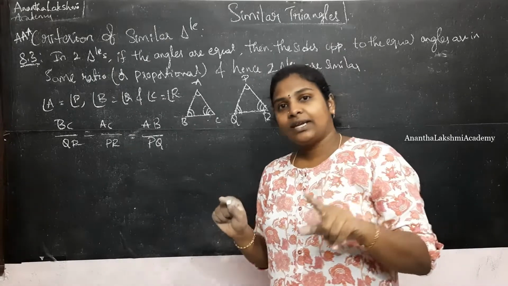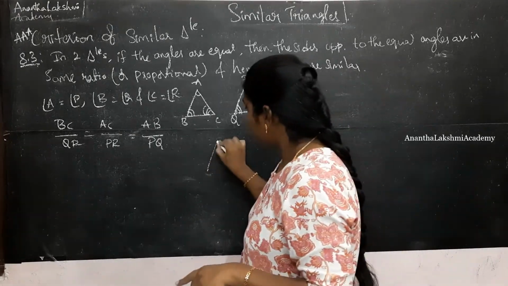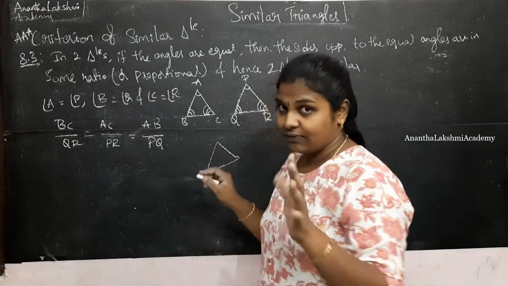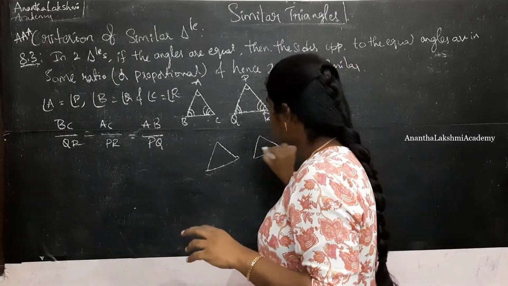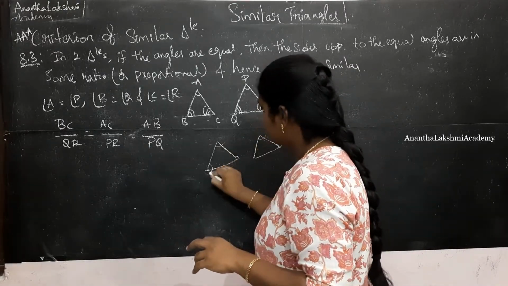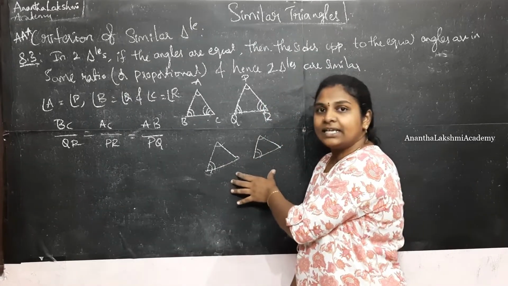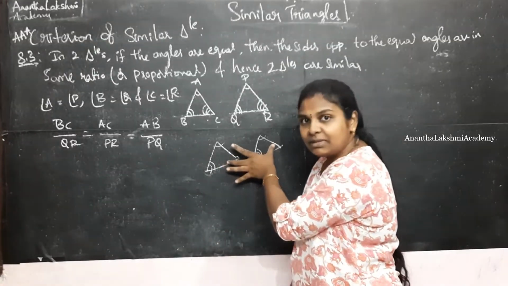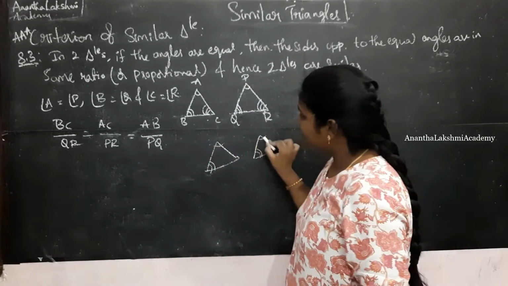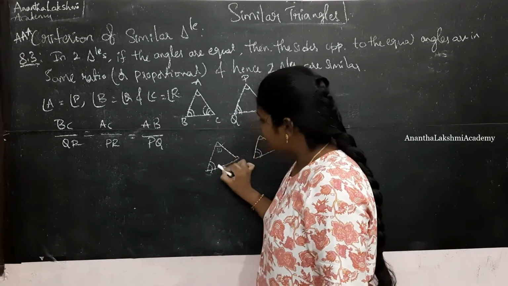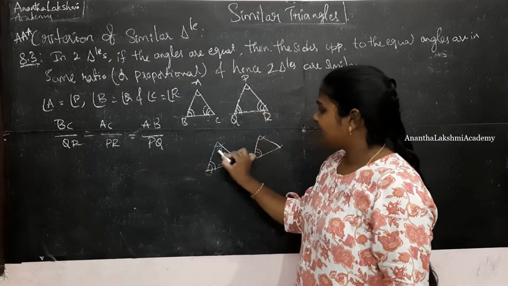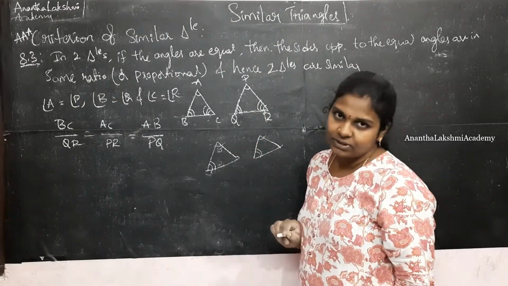There is one more theorem. If you get that two angles of a triangle are equal to two angles of another triangle, then the third angle eventually will be equal. Say for suppose this is 30 and that is 60, and this 30 is equal to this 30, this 60 is equal to this 60.